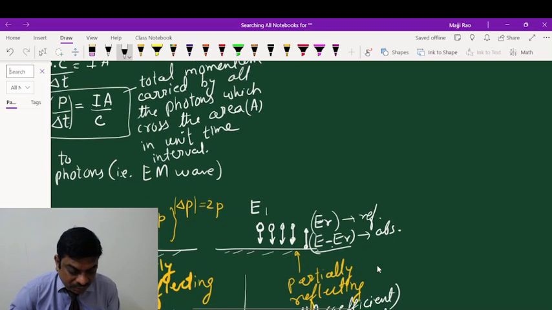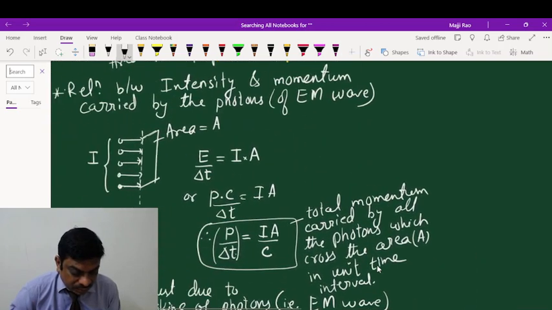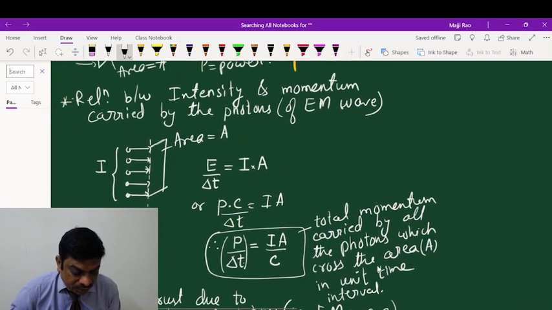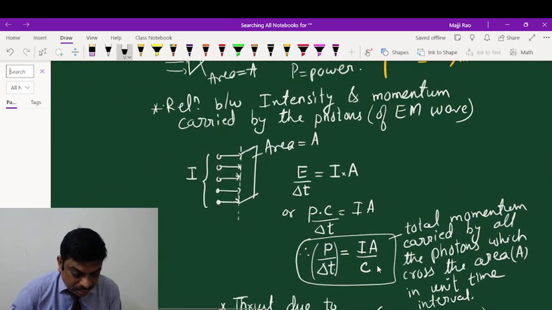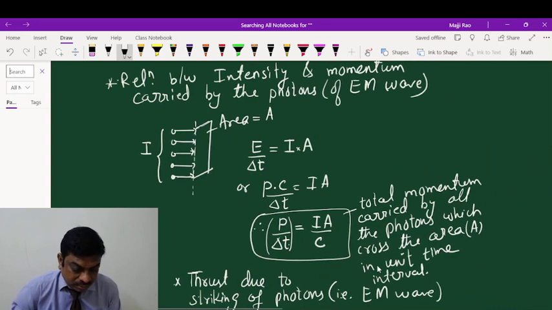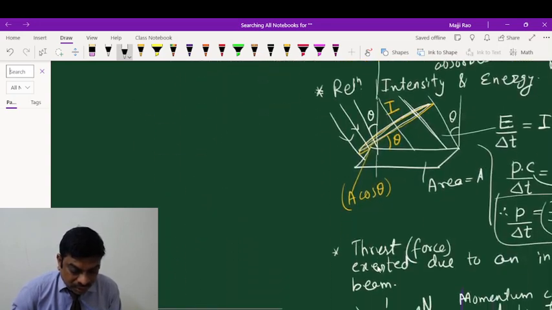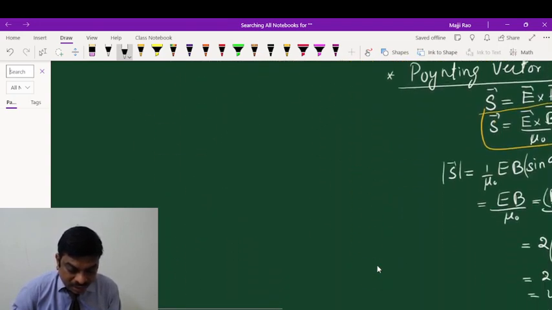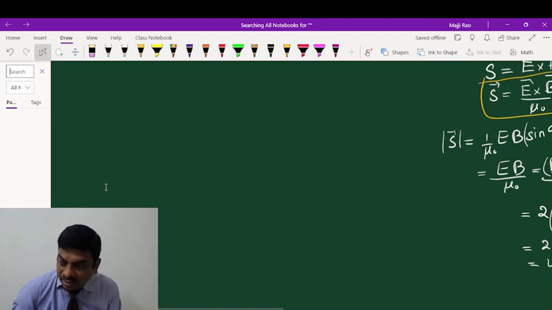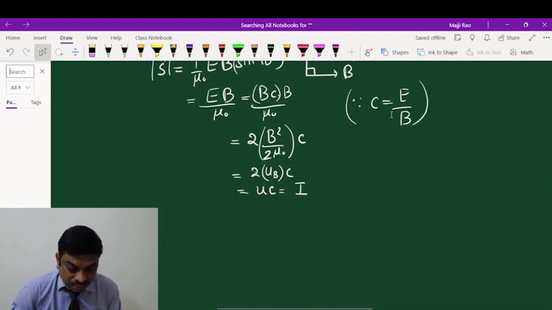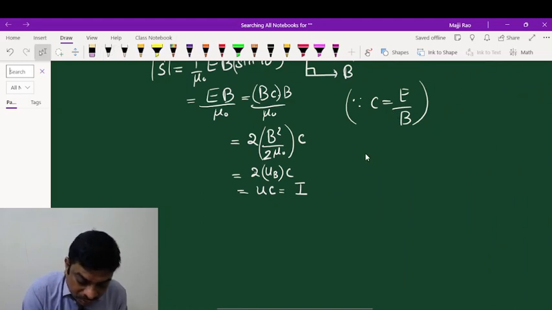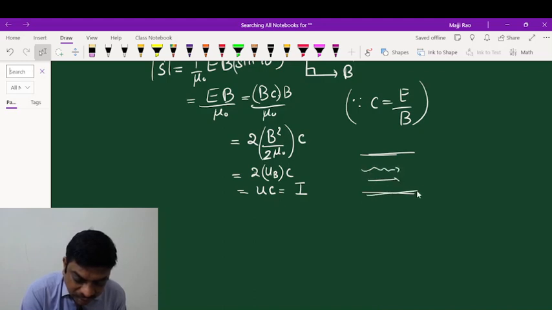I'll show you how. I'll just show you separately, students. Don't worry. Now, suppose you have an electromagnetic wave going towards the right.